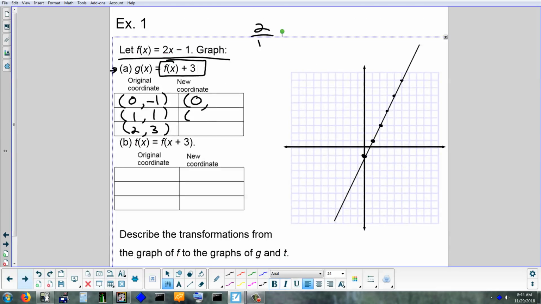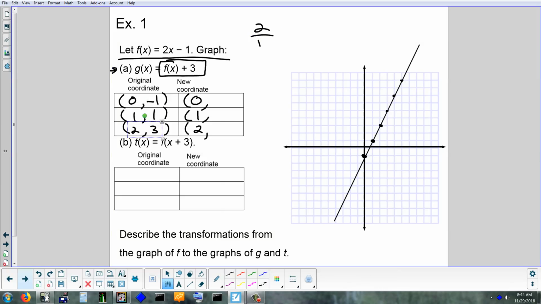X's stay the same. Might as well just copy those all down. Now we're going to do +3 to all the y values. What's -1 + 3? +2. What's 1 + 3? 4. 3 + 3? 6. There are 3 points that are on your new graph.